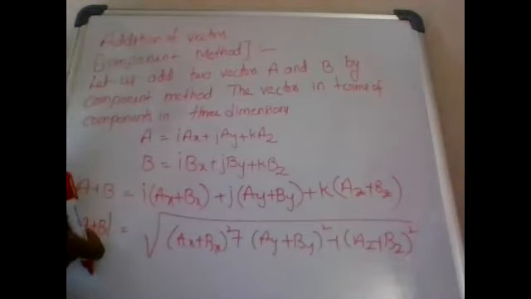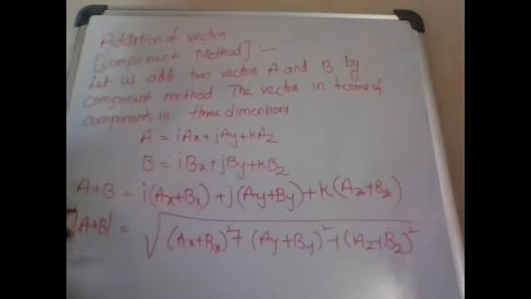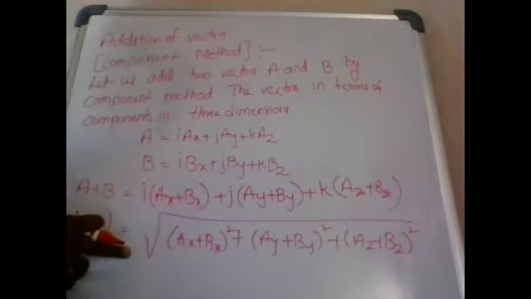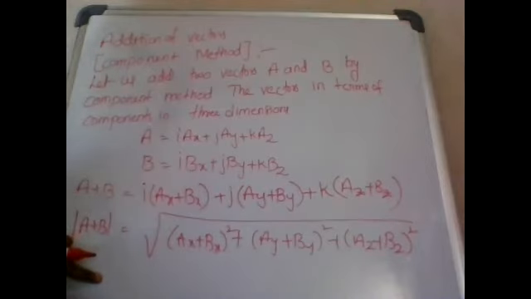So this is the magnitude of this addition. Generally we write magnitude mod A plus B equal to under root of A suffix x plus B suffix x whole square plus A suffix y plus B suffix y whole square plus A suffix z plus B suffix z whole square.